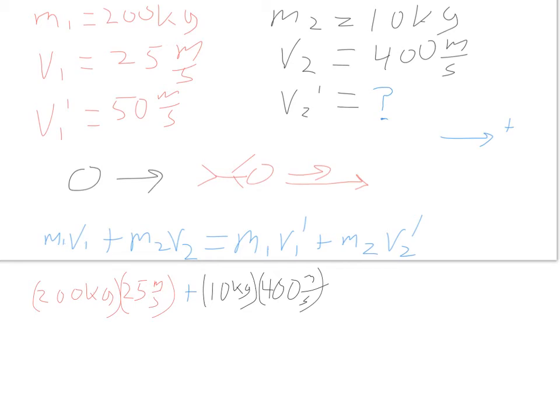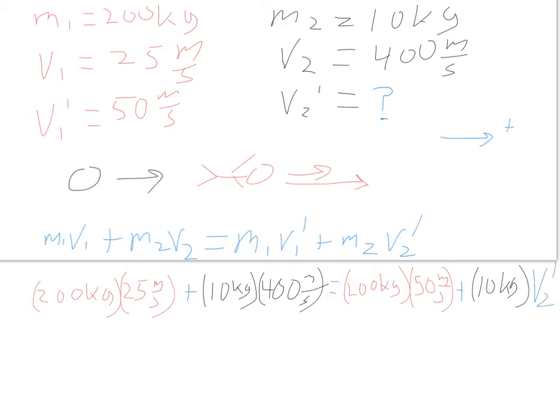I'm going to set that equal to the after. We've got information on radioactive man: still 200 kg, speed increased to 50 meters per second. Whereas the 10 kilogram cannonball, we don't know what happens to it afterwards. So V2 prime, there's our unknown.